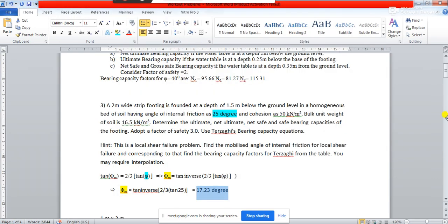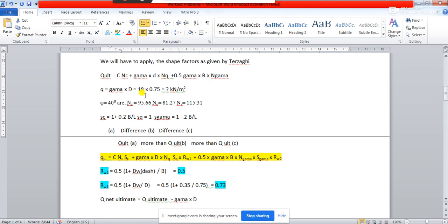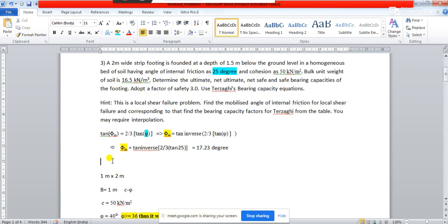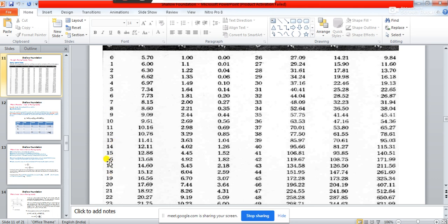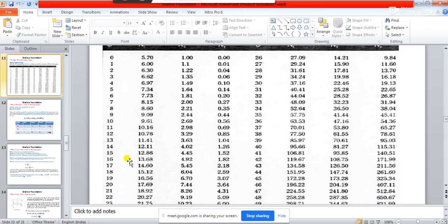So let's write these values. Where are my NC, NQ, N gamma? So these are my NC, NQ, N gamma. Let's write it like this, then you will be clear on this understanding. Very important. For NC, NQ, N gamma, for 15 degree, the values are 12.86, 4.45. Let us write it here, 12.86. Then NQ is how much?